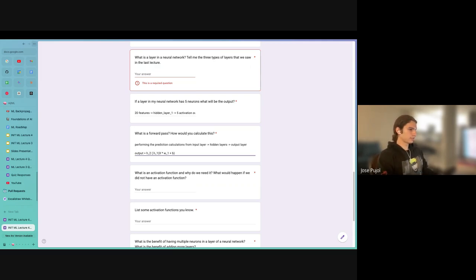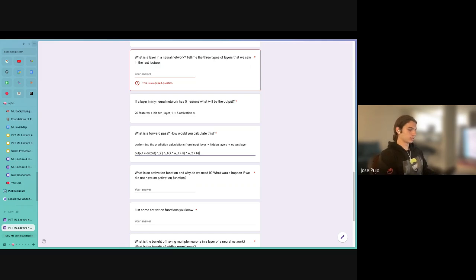Then these now become my activations, and I have the weights of the second layer, plus the bias, and then whatever output layer.